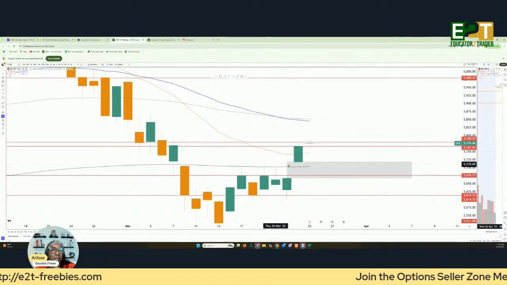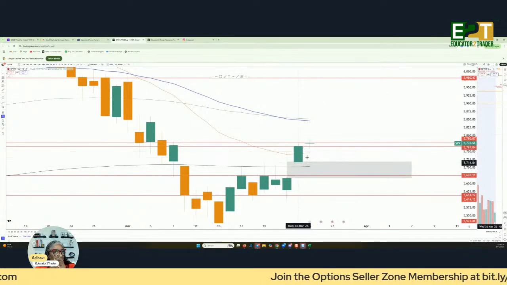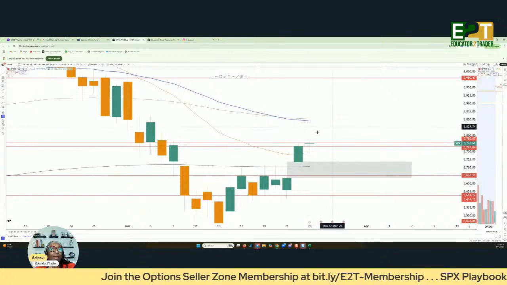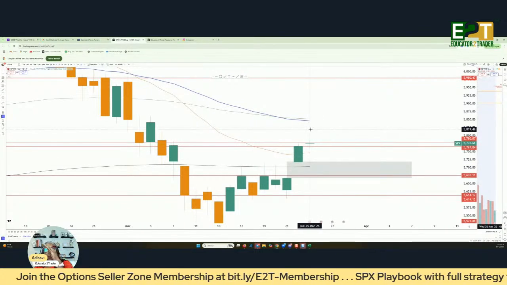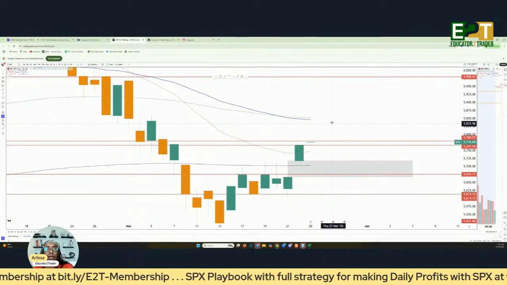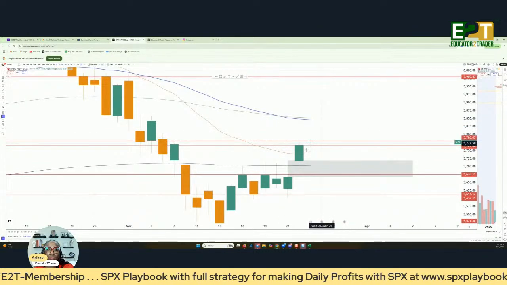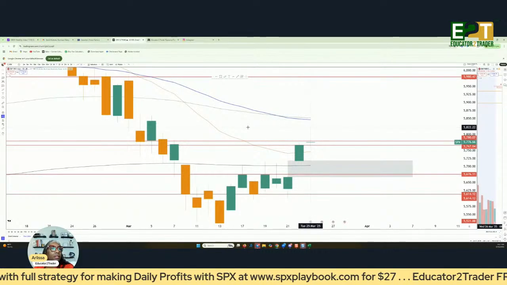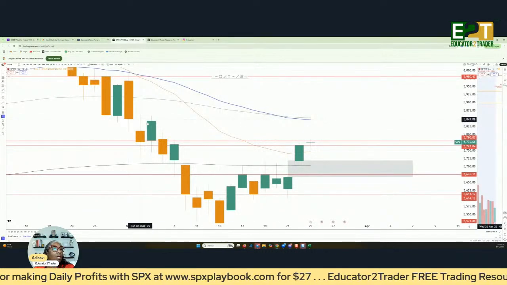So now maybe we try to use this as support and push off. That means the cruise ship might be turning directions, kind of going back up. And we've been bullish for a couple of days. So we've got some things ahead of us, but not much.